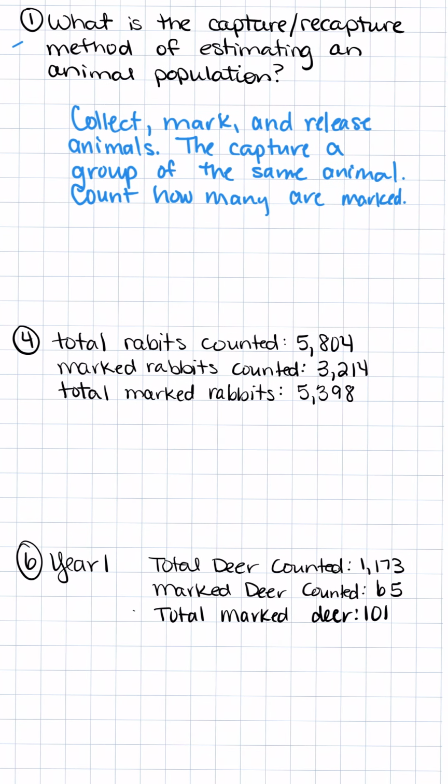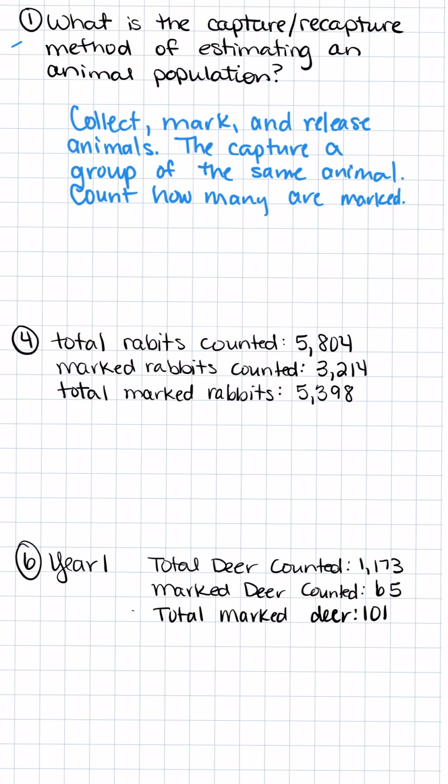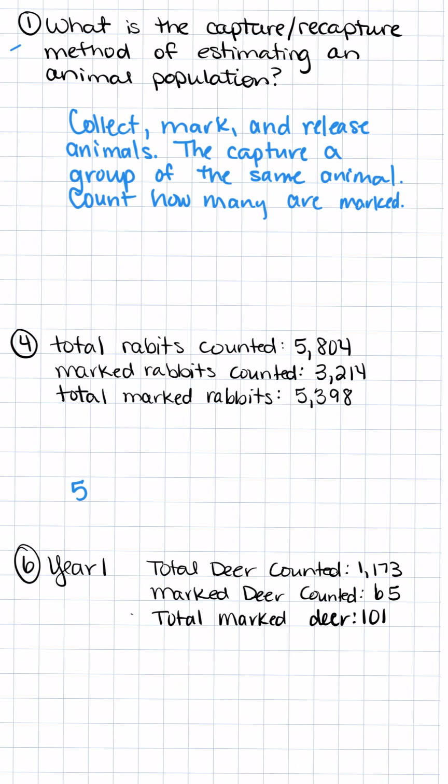So the total number of rabbits counted are 5,804. So that's going to be on our bottom number. The marked rabbits counted were 3,214, and total marked rabbits equals 5,908.